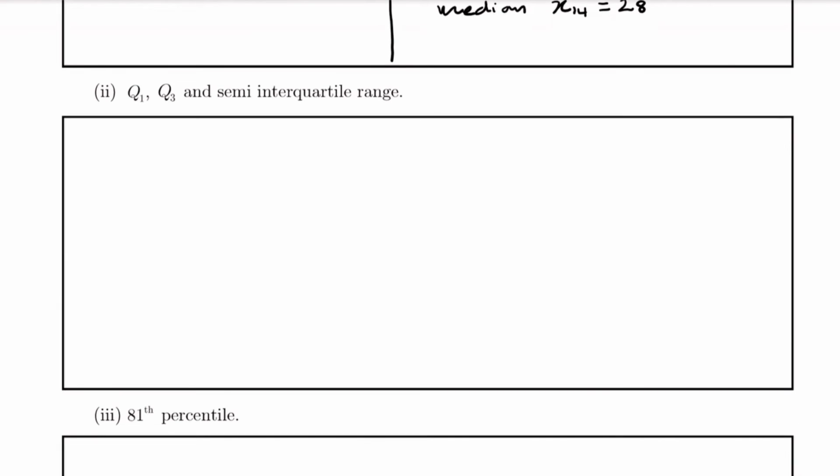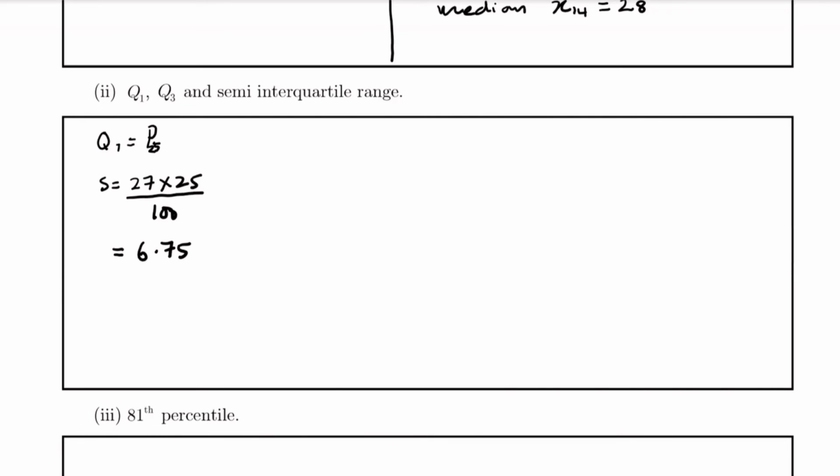For Q1, Q3 and the semi-interquartile range, Q1 is represented by 25% of the data. So we look for the observation 27 times 25 over 100, and we get 6.75.